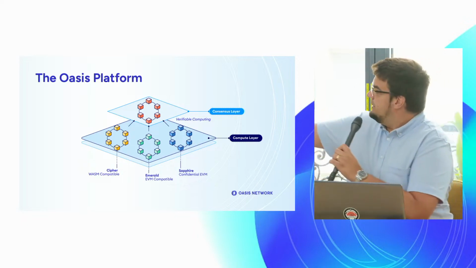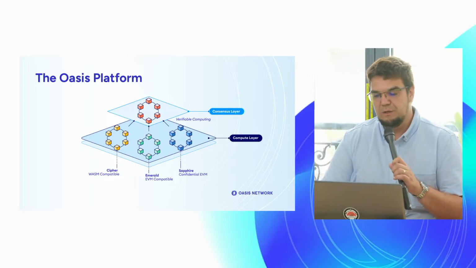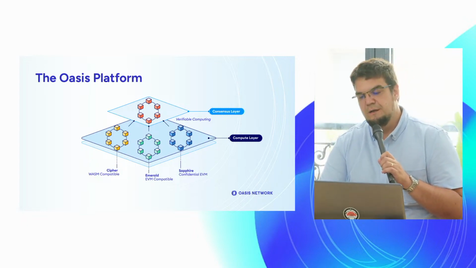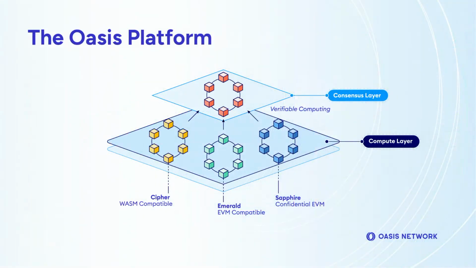So first, the Emerald paratime is a paratime we introduced a few years ago. This is an EVM compatible paratime, but it does not offer any confidentiality. Then we introduced Cipher. This is the first paratime that actually supported confidentiality, but it uses our own Oasis dialect of the WASM. And finally, there's Sapphire.